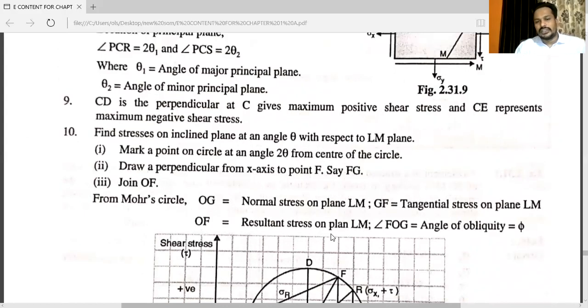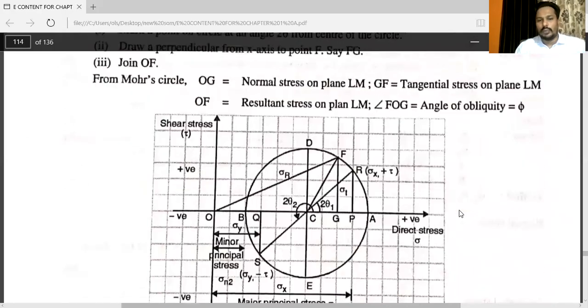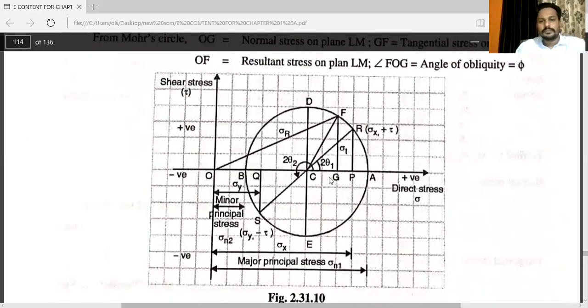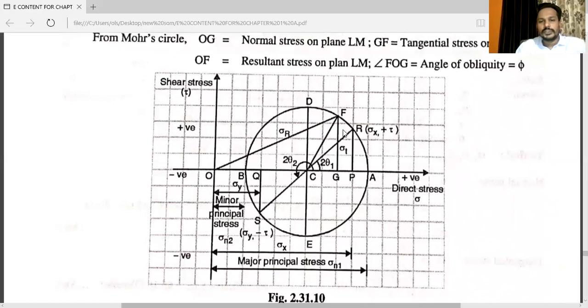OF is the resultant stress on plane LM, and angle FOG is the angle of obliquity. You can see here, this one is your F point. F to O is the resultant stress.